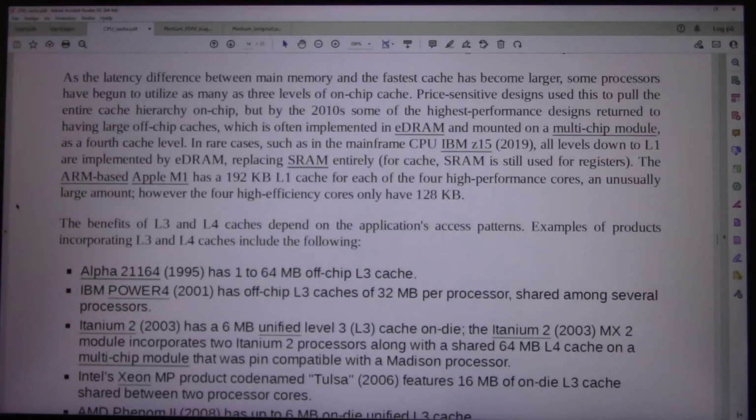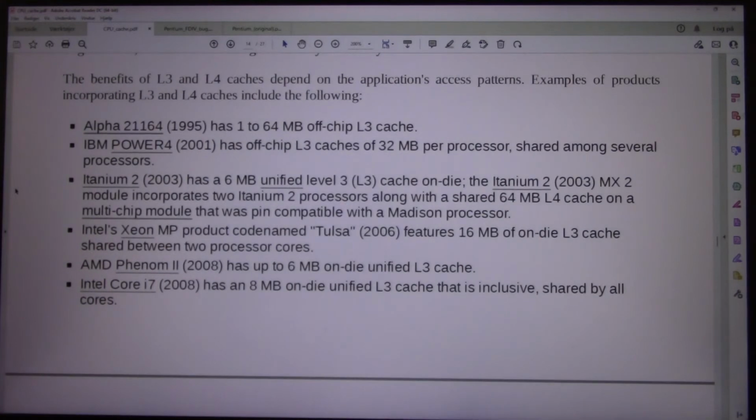Examples of products incorporating L3 and L4 caches include the following: Alpha 21164, 1995, has 1 to 64 megabytes off-chip L3 cache. IBM Power4, 2001, has off-chip L3 caches of 32 megabytes per processor, shared among several processors.